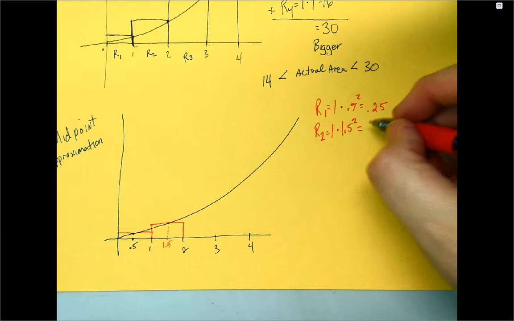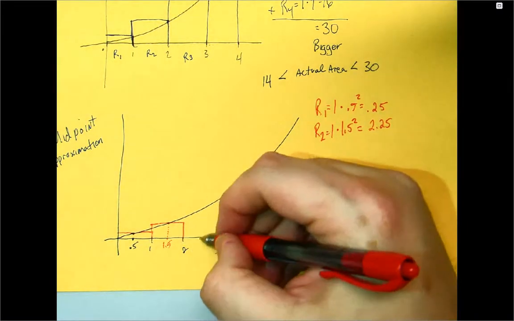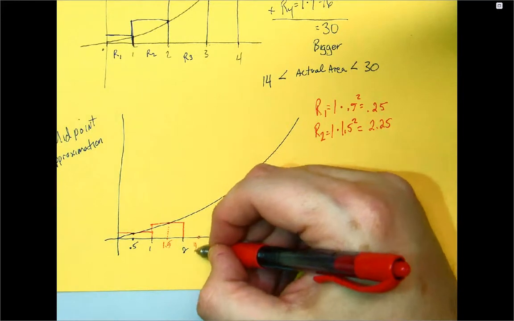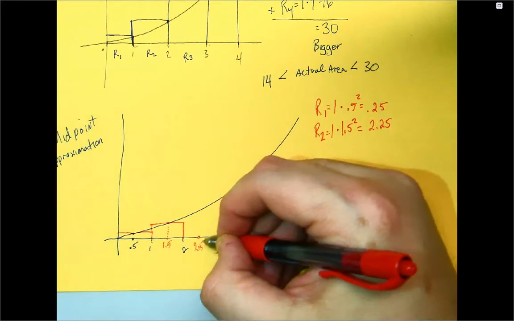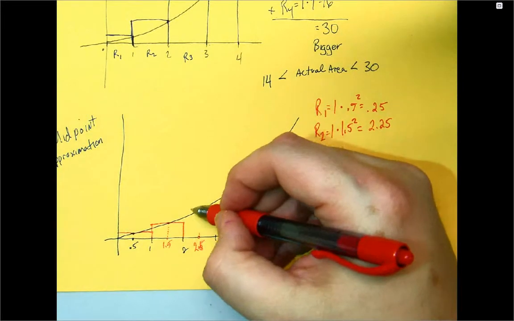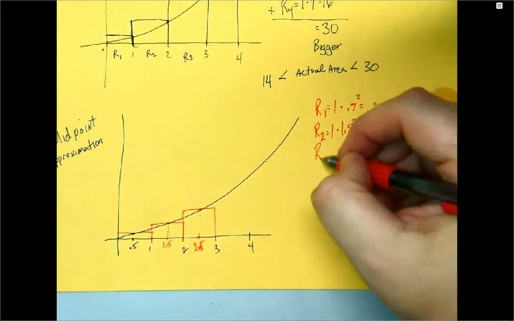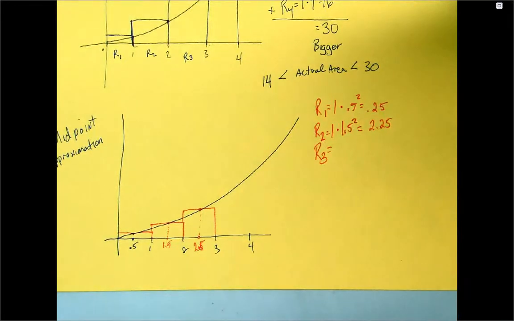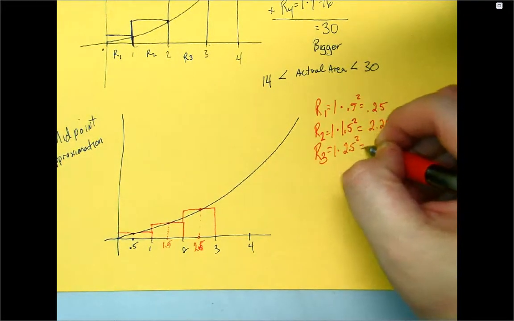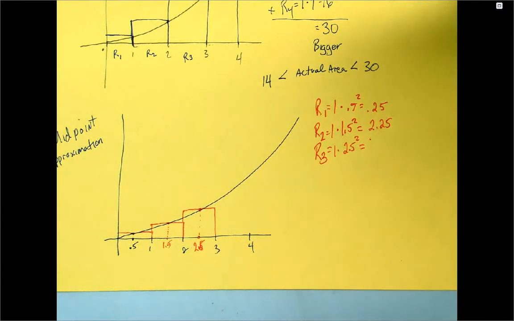Now, what's the midpoint here? Yeah, 2.5. So this would be 1 times 2.5 squared, which is 6.25.